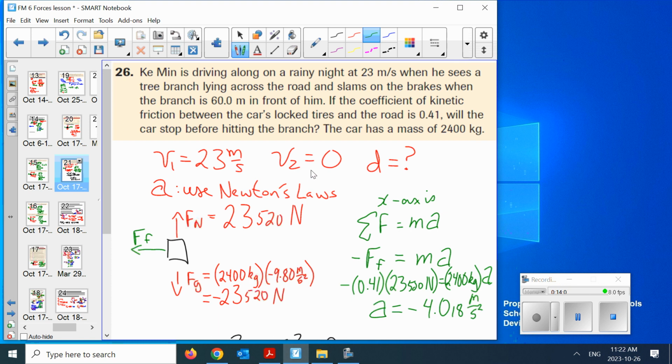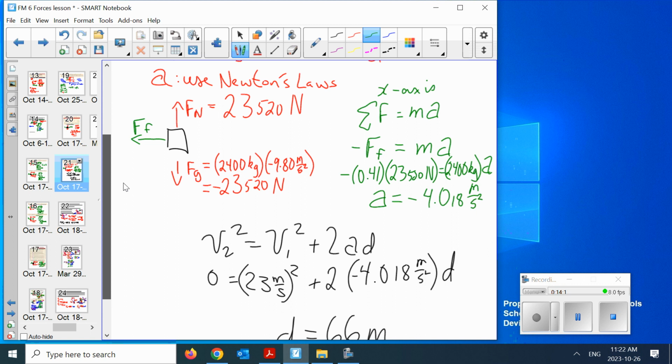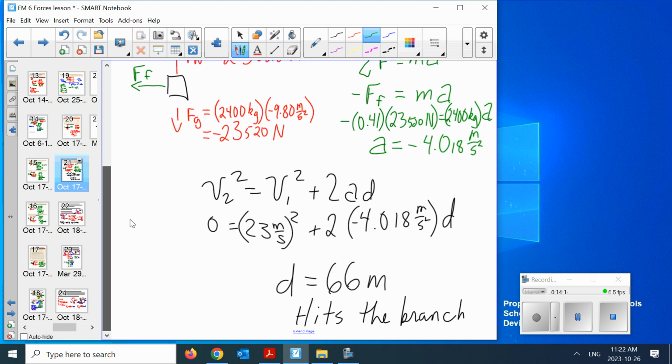You know that it's braking, so v2 would be 0. You're going to find the distance and compare it to 60 meters. Question? It hits the branch. It would take 6 more meters to stop.